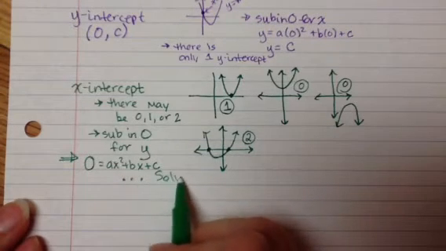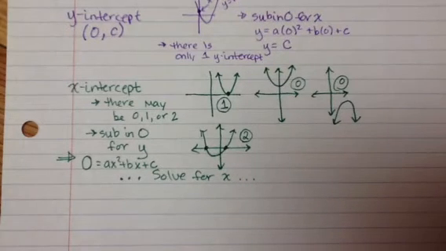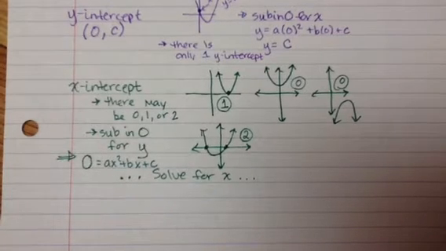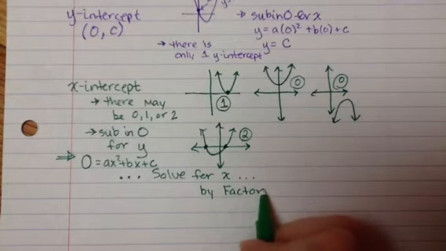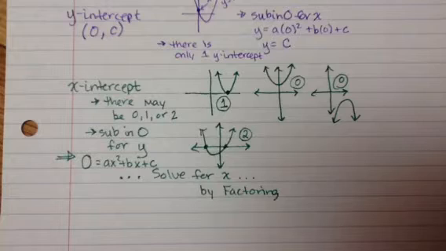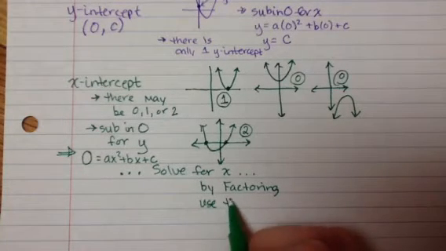So we set this equal to 0, so 0 equals ax squared plus bx plus c, and then we're going to solve for x. Now we had an entire unit that we studied how to solve quadratic equations. The first way that we solved quadratic equations was by factoring. After we solved by factoring, we used the square root method.